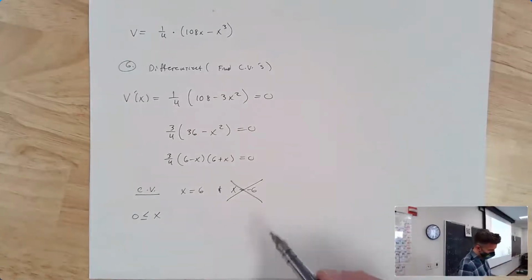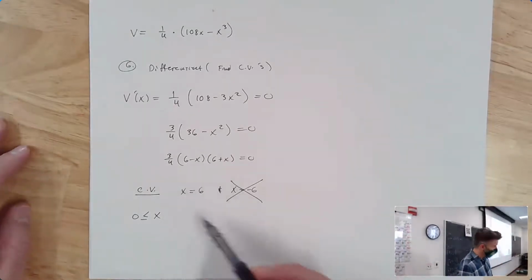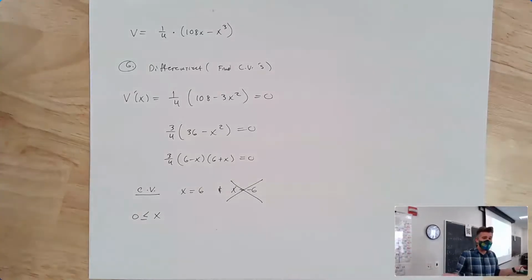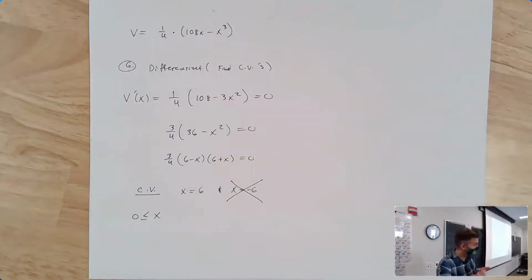But what I want to mention is x equal to 6 might not be where this function is maximal. A critical value is a place where you might have a maximum, you might have a minimum, or you might have neither. So usually, especially on a test, you might be asked to check to see if it actually is giving you a maximum.